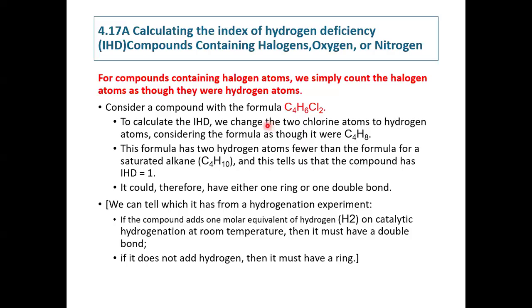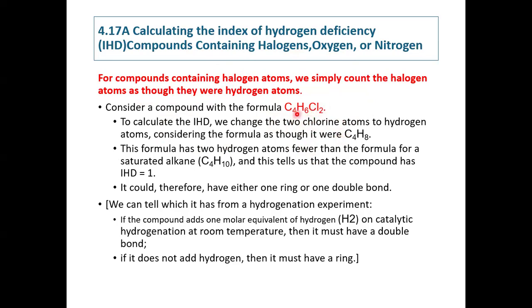Now, in cases where you have other compounds containing halogens, oxygen, or nitrogen, how do we calculate the index of hydrogen deficiency? So, for example, if you have C4H6Cl2, what is the index of hydrogen deficiency here? In this case, we count the halogen atoms as if they were hydrogen atoms. So even if it's Cl2, we presume this is hydrogen.